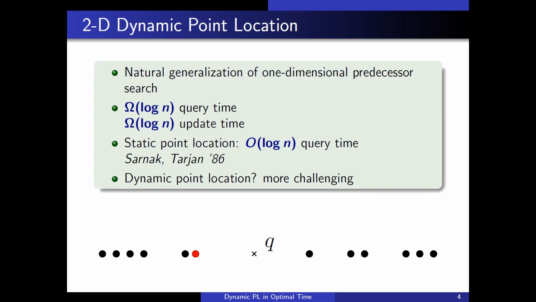So in the static scenario, this problem was solved completely in 1986 by Sarnak and Tarjan, who described the first linear space data structure with log n query time. But the dynamic point location problem appears to be significantly more challenging.